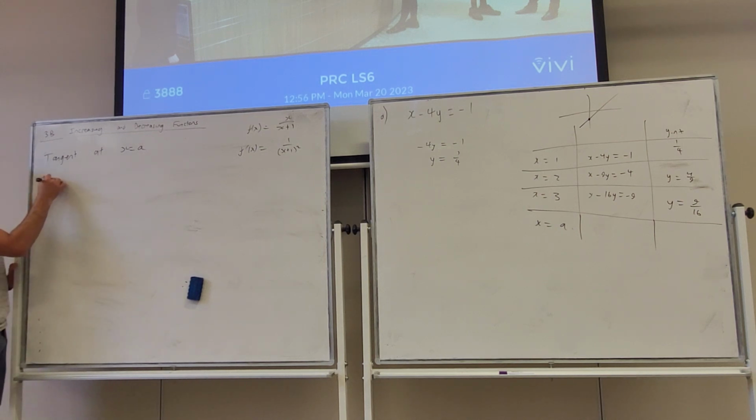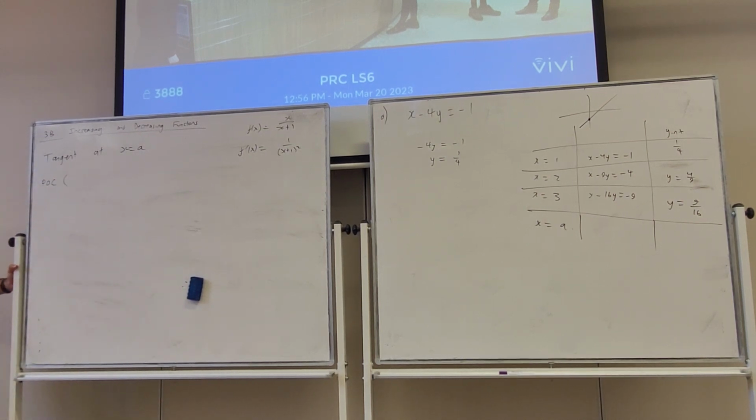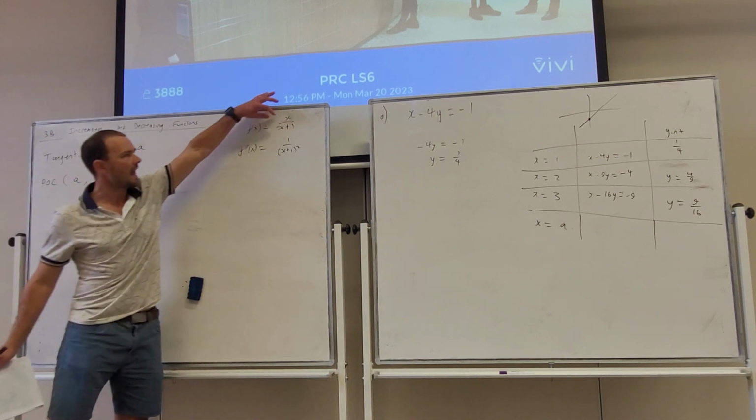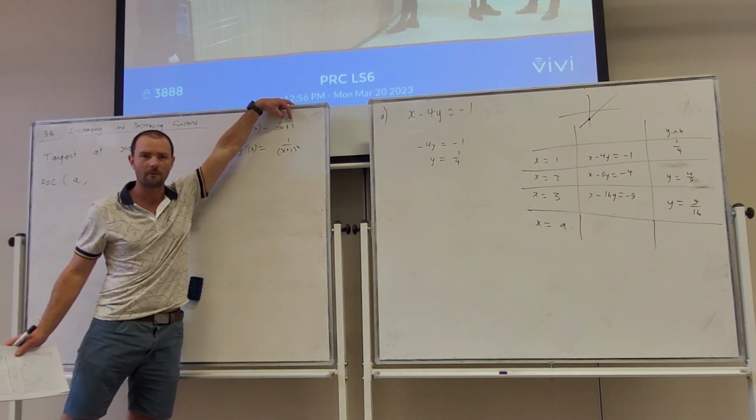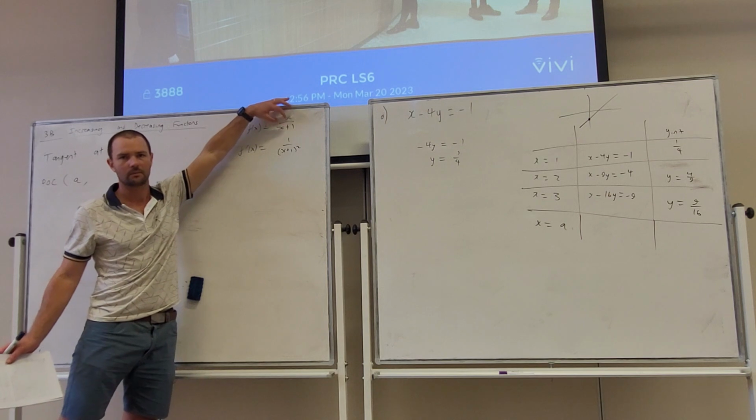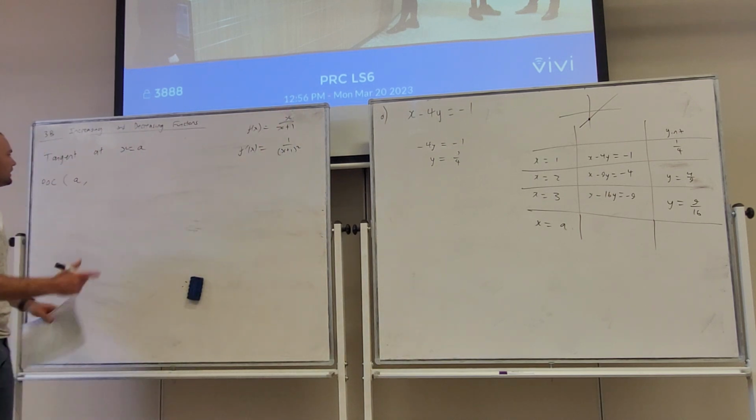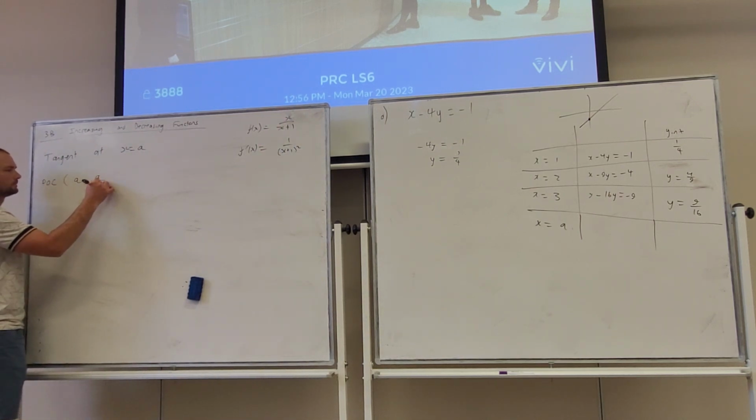So for a tangent, we need the point of contact. We're told the x value of the tangent is a. The y value is going to be a on top of a plus 1. That's the y value.